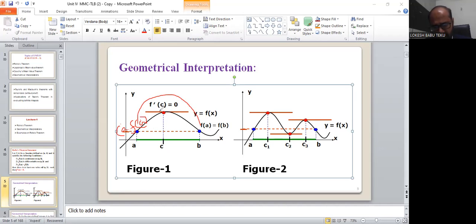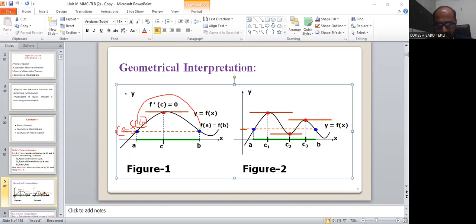If this tangent is parallel to the x-axis, then the slope at this point is obviously 0, right? If a line is parallel to the x-axis, then the slope at the point C is equal to 0.